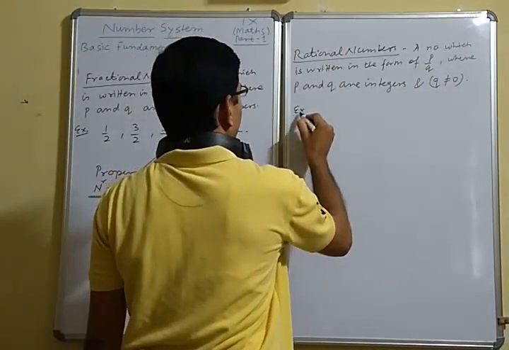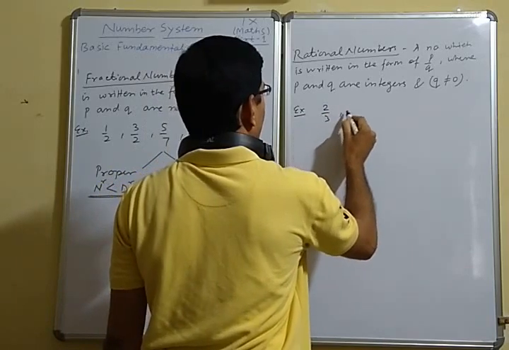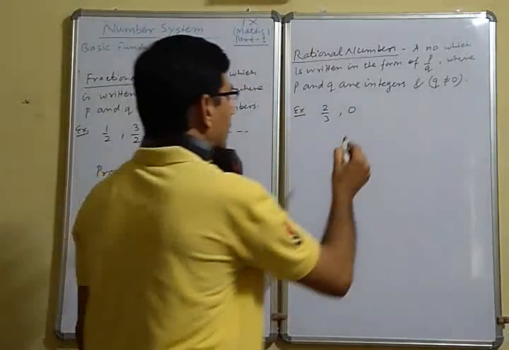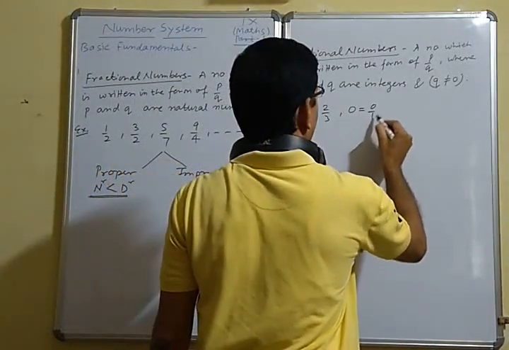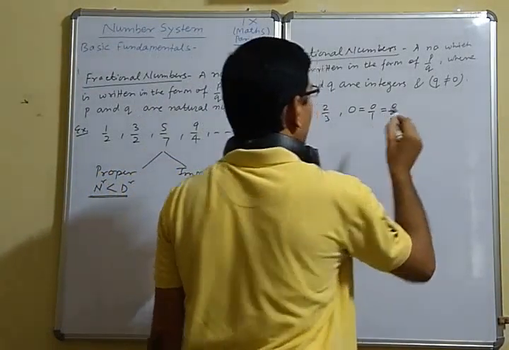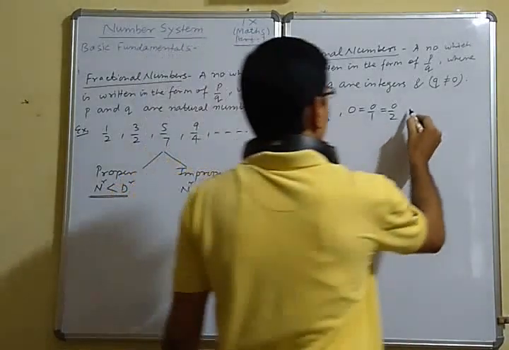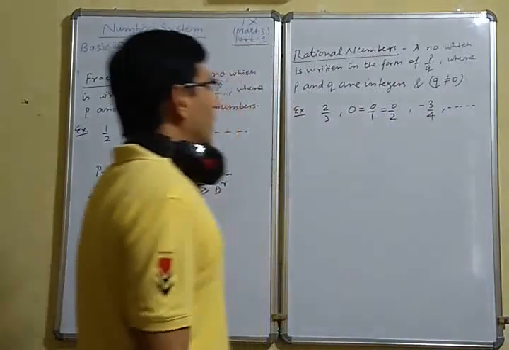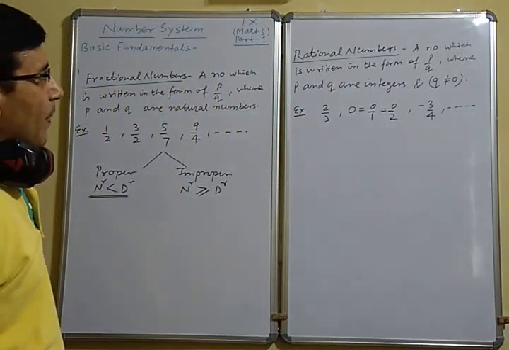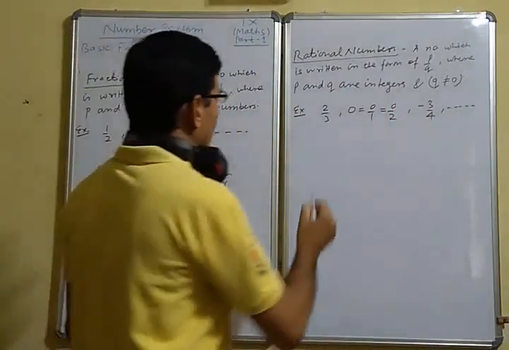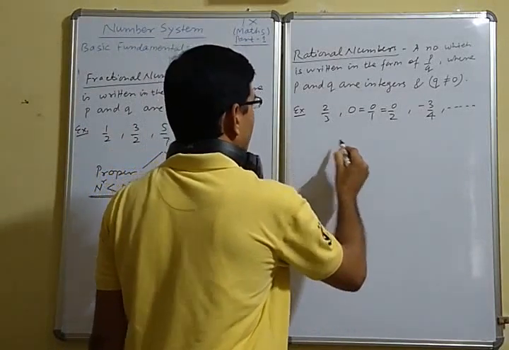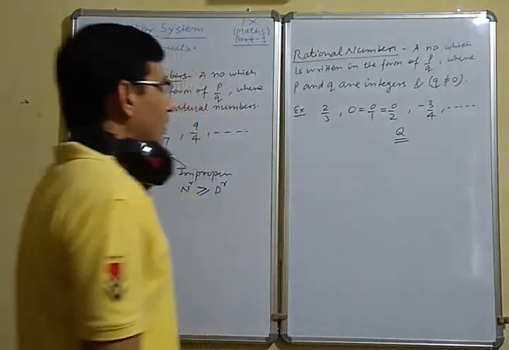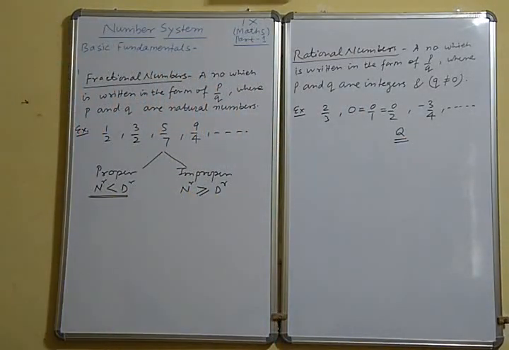For example, 2 by 3, 0. 0 is also a rational number because it can be written as 0 by 1, 0 by 2, whatever you can write. Minus 3 by 4, these are all rational numbers. The set of rational numbers is denoted by Q.